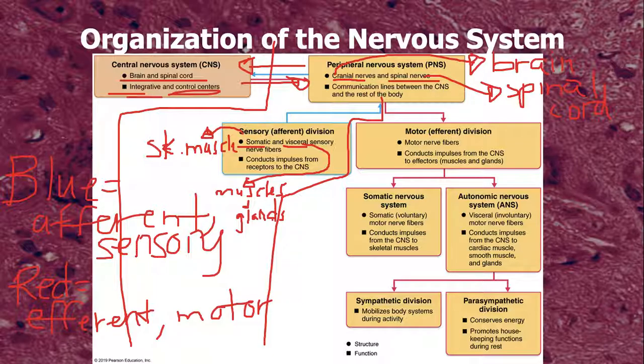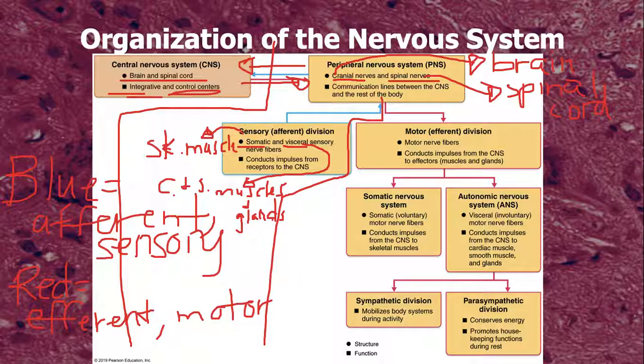So your other muscles are going to be cardiac and smooth muscles. I know that's a mess. Hopefully you understand what I'm trying to write up there. Okay. And so they're conducting impulses from receptors to the central nervous system. So that's the sensory division.